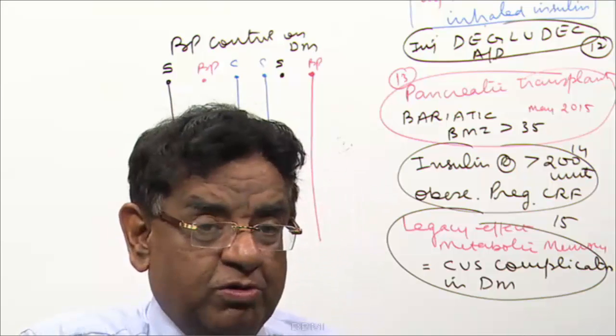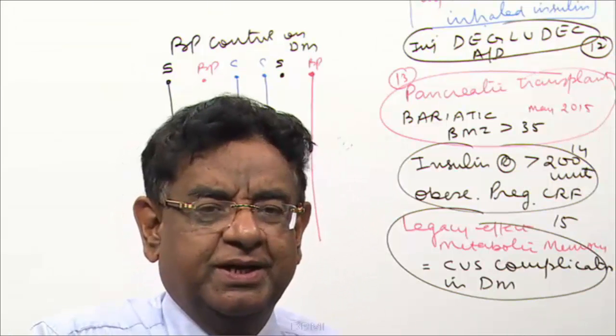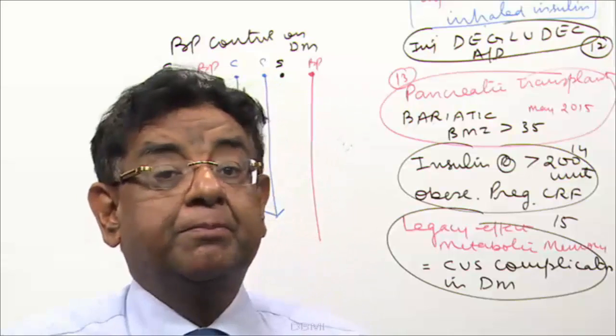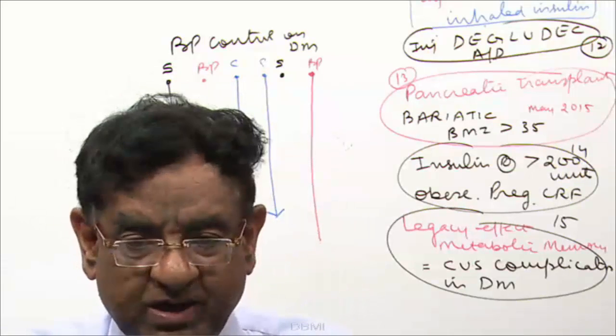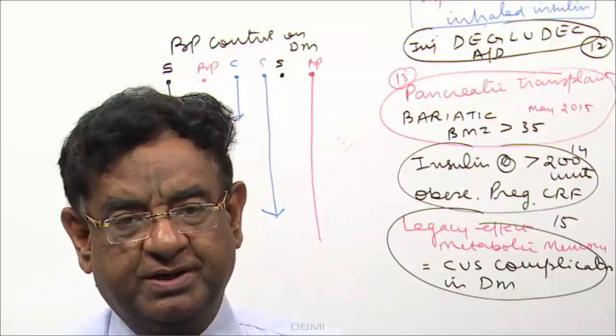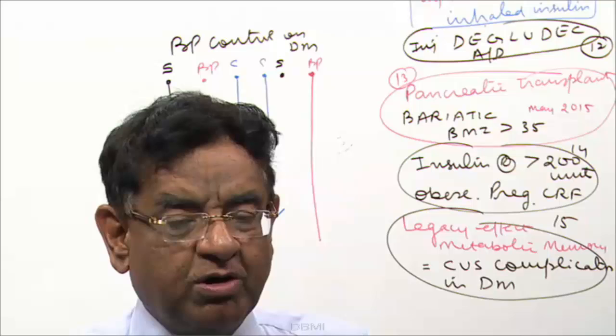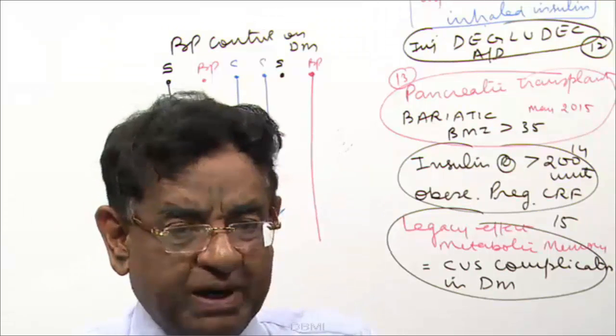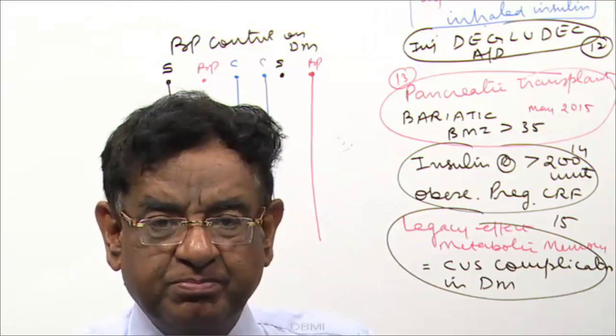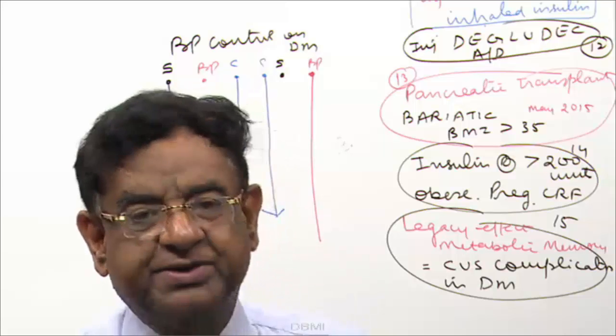And if you control blood pressure, it is going to reduce macrovascular complication. Diabetes control will reduce microvascular complication, and blood pressure control will reduce macrovascular complication.